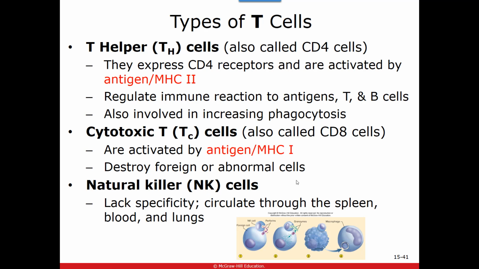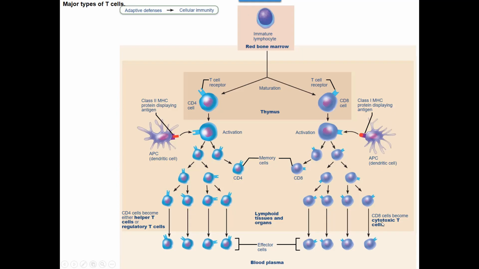So your cytotoxic cells are activated by any cell in the body that has a nucleus, which means everything but red blood cells, does have a class I. And so any cell in the body, if there's something foreign in it, it'll get presented on a class I, and it can activate a cytotoxic cell to kill the infected cell.